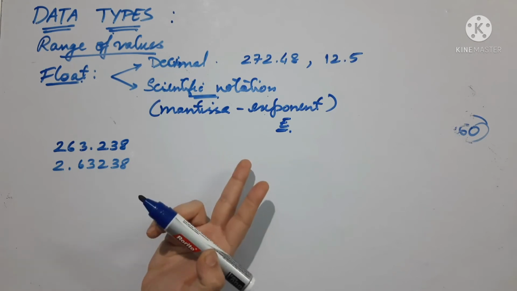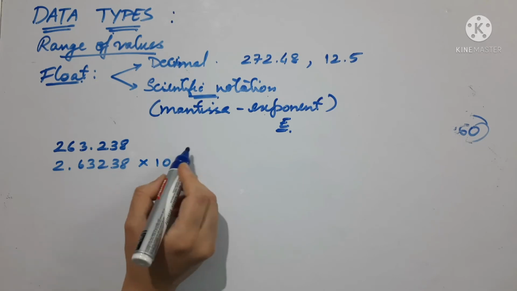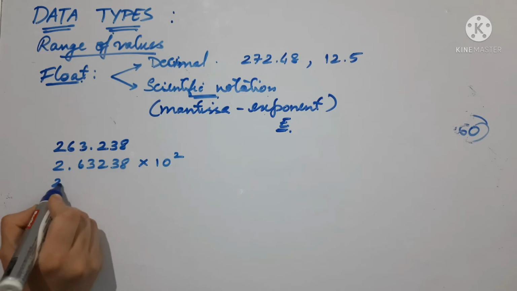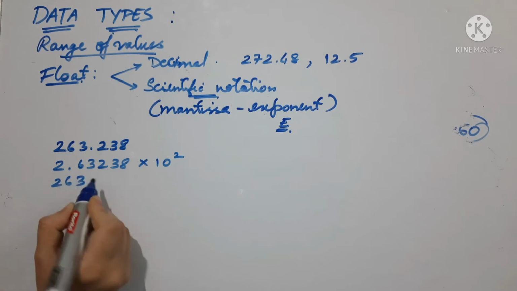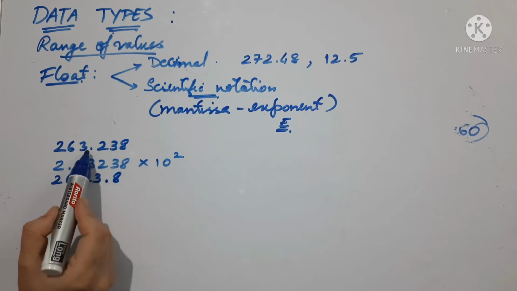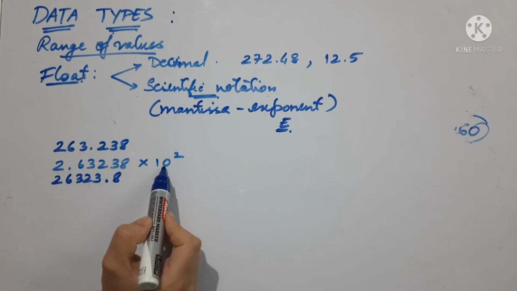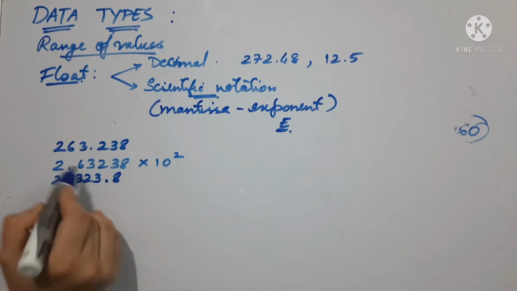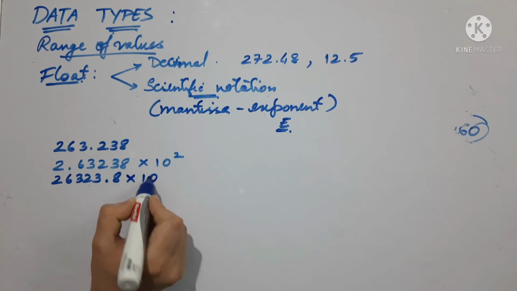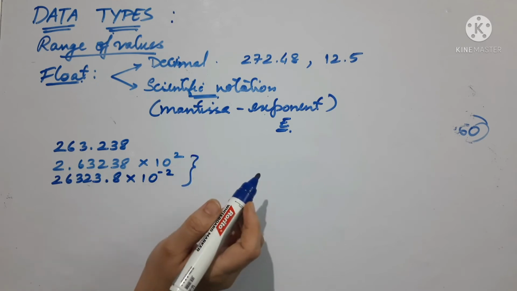So in general mathematics, I can write this simply as times 10 to the power of 2. If I shift towards the right side, 2632.38, first I shifted towards the left 2 digits, so I wrote 10 to the power of 2. If I shift towards the right 2 digits, then the value will be 10 to the power of minus 2. This is how you write in general mathematics.